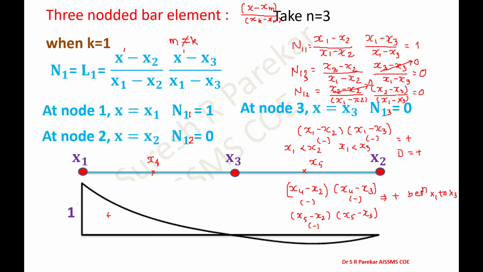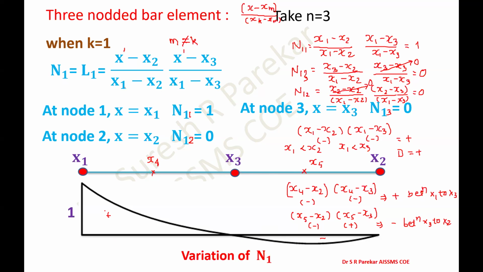But x5 is greater than x3, because x5 is here, x3 is here, so I will have this value plus. And therefore I will get minus plus. So this will be minus between x3 to x2, and therefore we have the value over here minus and the value over here plus.